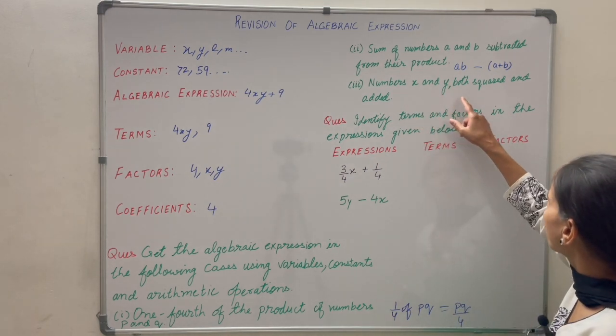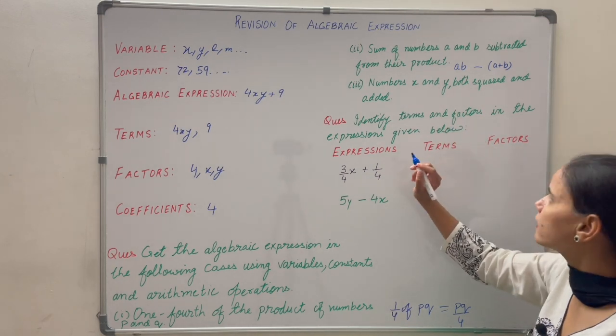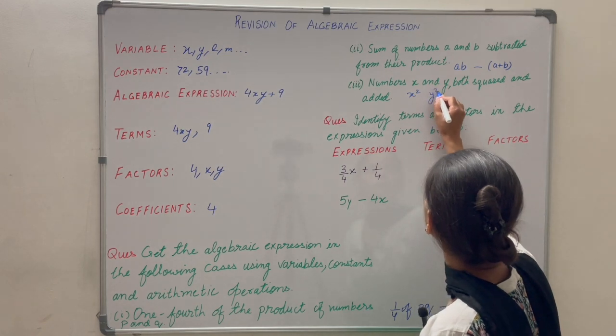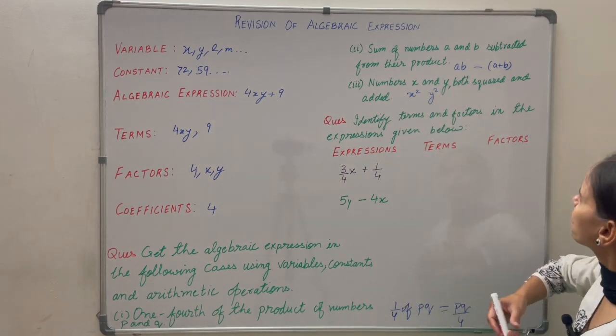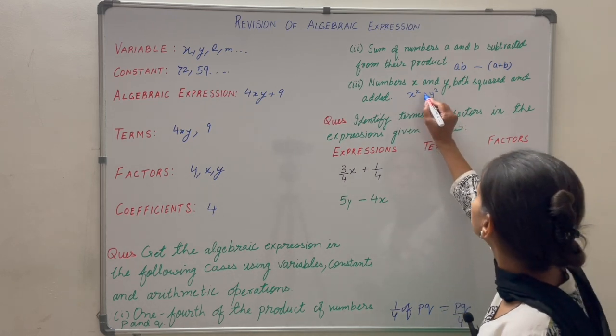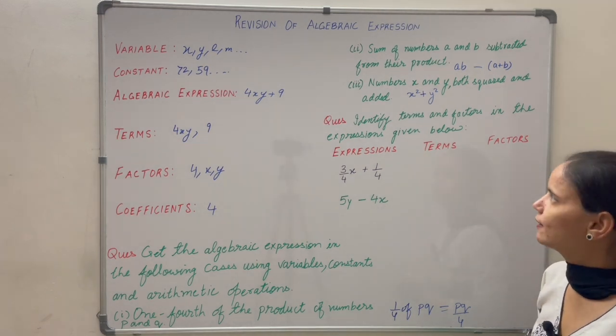Numbers x and y both squared and added. So square of x and y is x square and y square. You have to add after taking the square.